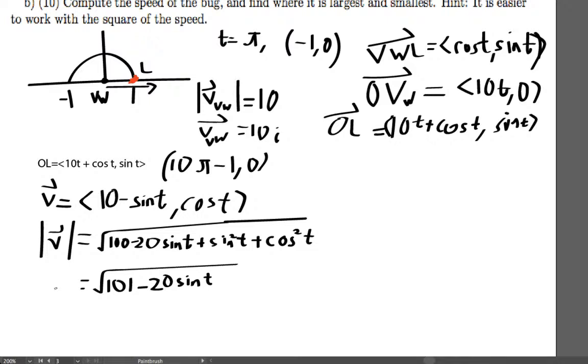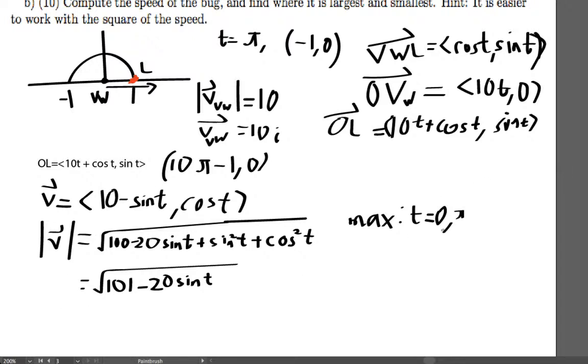When you put in the number, when time is 0, the speed would be the square root of 101. So the max would be at t equals 0 and pi, because the smaller this thing is, the bigger the speed is.